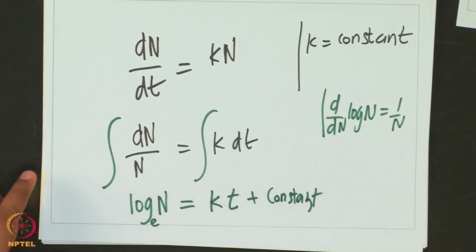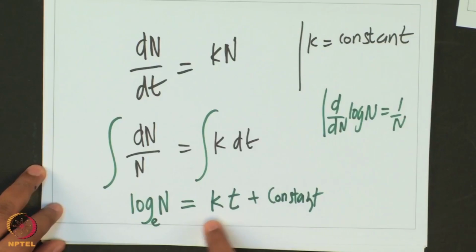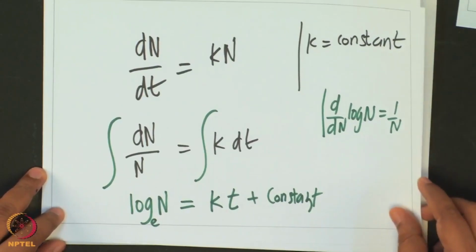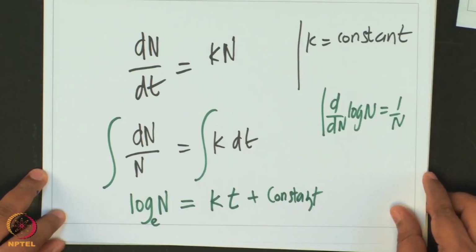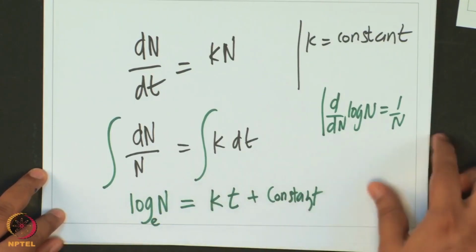So let us understand this. What we would get is log n equal to kt plus a constant. The way of getting n from log n is exponentiating.